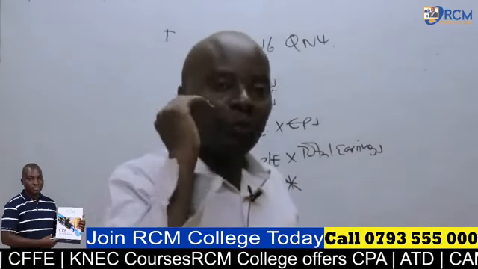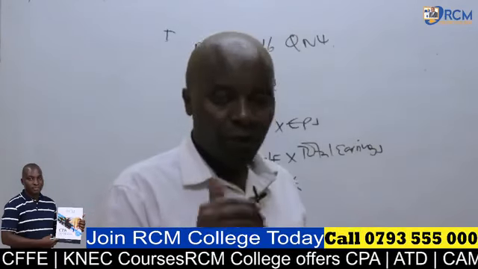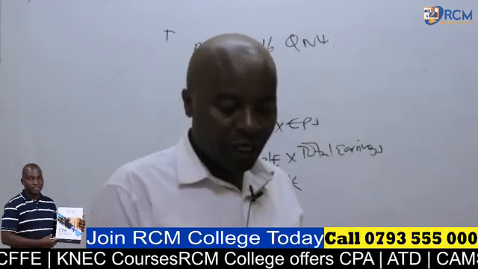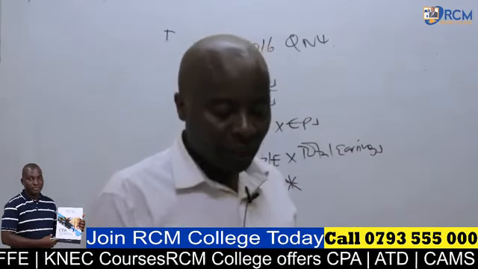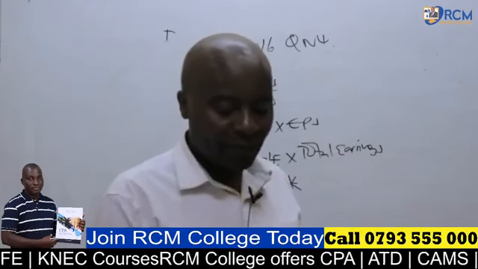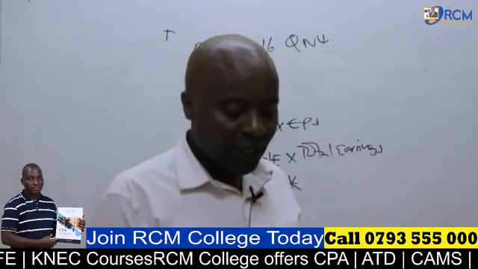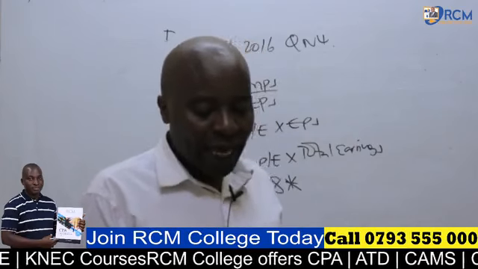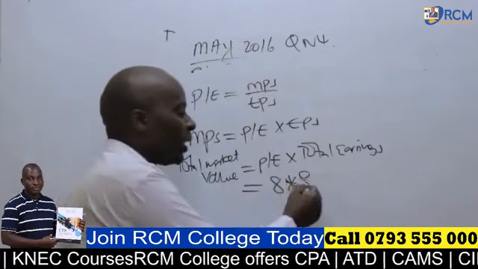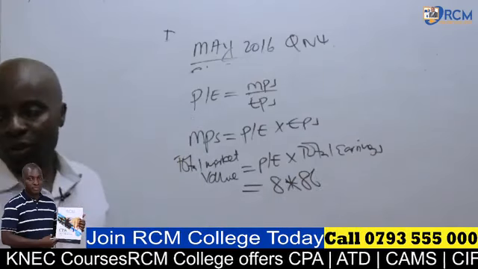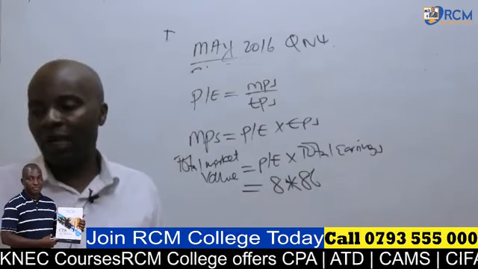If you go to the beginning of the question, they have told us Huge Limited intends to take over Tiny Limited, another company in the same industry. Tiny Limited is expected to post earnings of how much? 86. So 8 times 86 gives us how much?